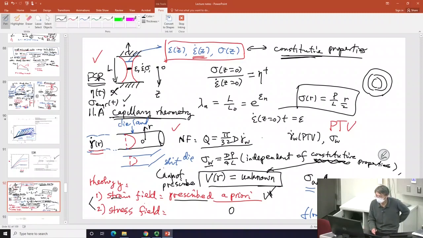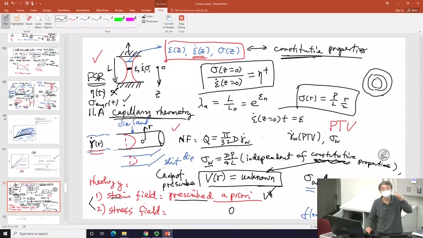Number two, this rheometry, again, is offering us information just at one point, the very middle. Just like the capillary, one point at the wall. So I see many very basic differences.